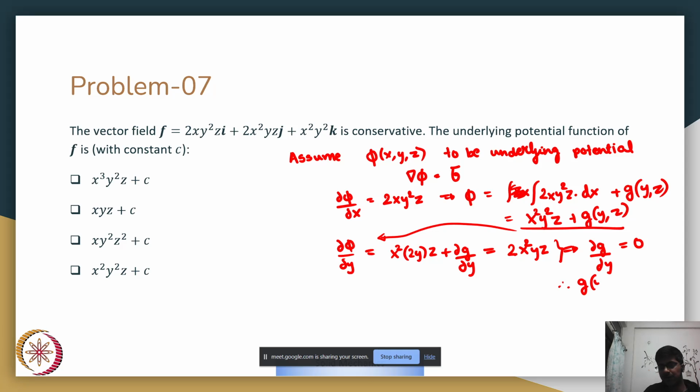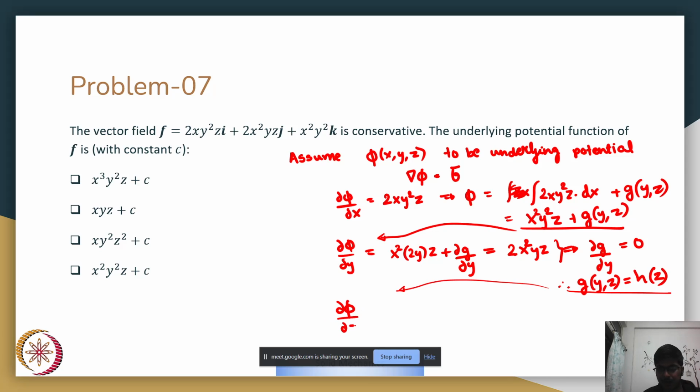Therefore, g of y, z will simply be a function of a single variable z. Then we substitute this thing into here.